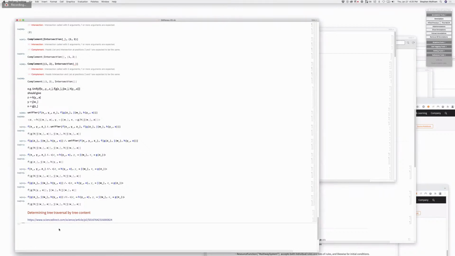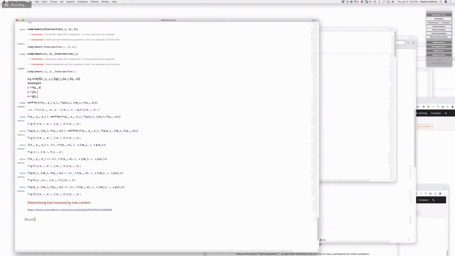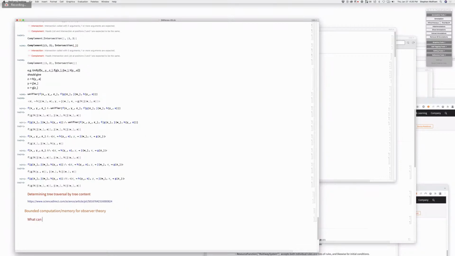That's an interesting question as well. I mean, that's an interesting observer theory question of bounded computation and memory for observer theory. So one question would be, what kind of recursion can you do with a bounded stack? Because if you're doing depth first search, if I'm not mistaken, you have to have an unbounded depth of stack. Yep.